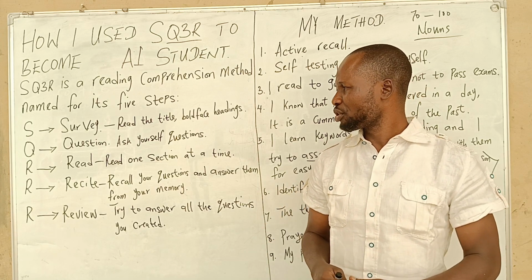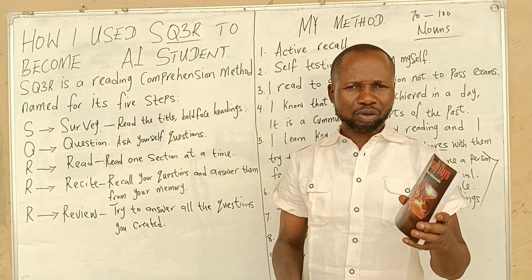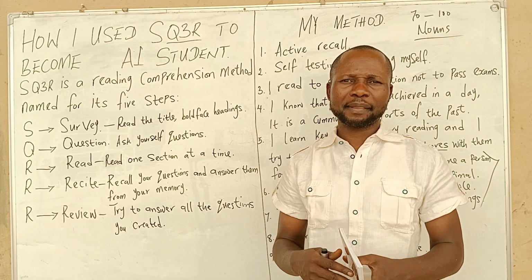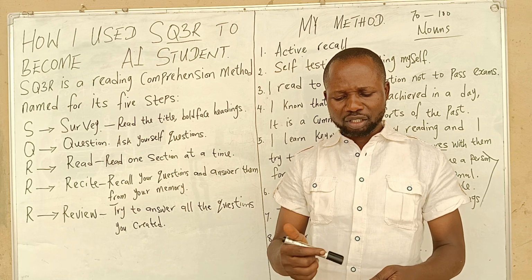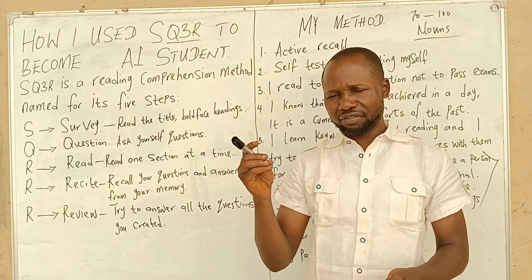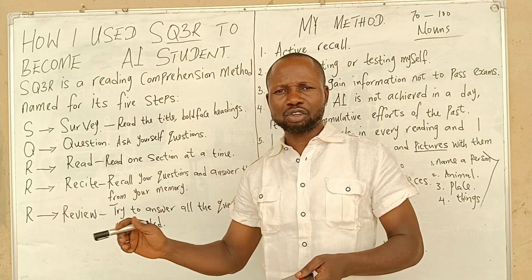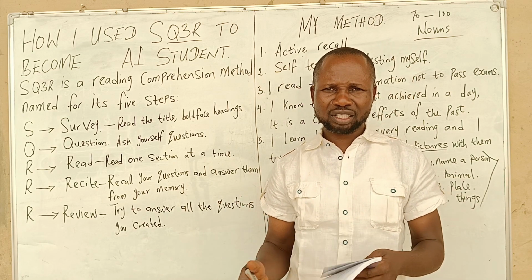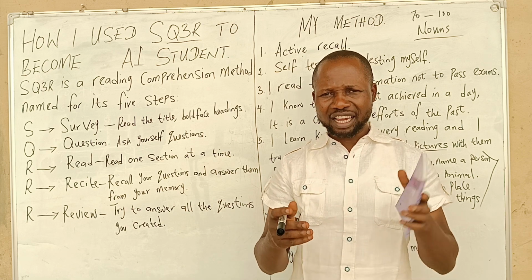So when you pick a novel to read, or any text, whether English, biology, and so on, the first thing is to survey. What do we mean by survey? Look at the title. Write down the title. Number two, write down the author's name. Number three, check how many pages, how many topics, how many subheadings, and so on. Does it have an ISBN number?